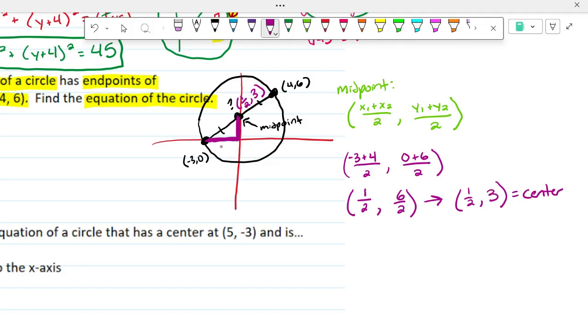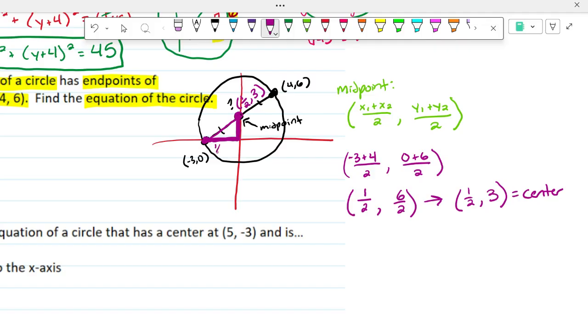So, first off, if we do our horizontal, what two values are we subtracting? So we're doing our horizontal with the center and one of the points. It doesn't matter which one. But we got to use the center point. So we could use 1/2 and -3.